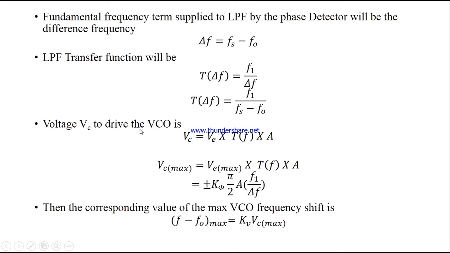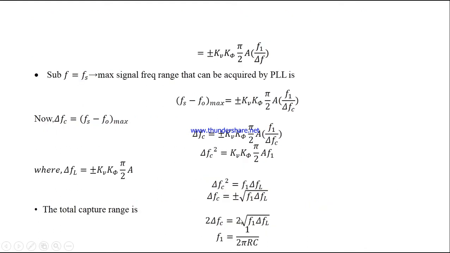For the voltage Vc to drive the VCO, we know the value for all the terms, and after substituting we get the last equation. Then the corresponding maximum VCO frequency shift is f minus f naught max equal to Kv into Vc max. After substituting we get the value as this, and substituting f equal to fs, that is the maximum signal frequency range that can be captured by the PLL, fs minus f naught max equal to plus or minus Kv K phi pi by 2 A f1 by delta fc.